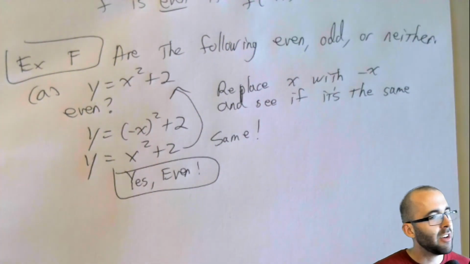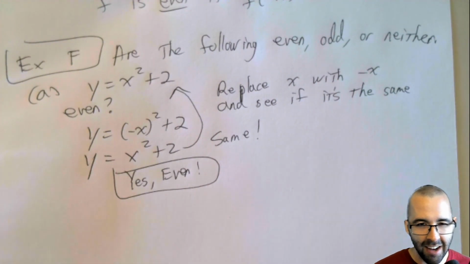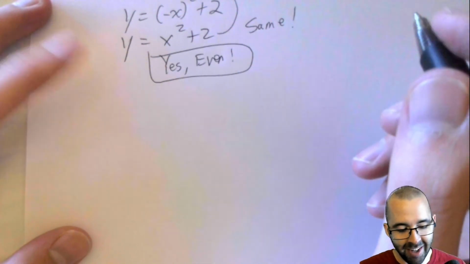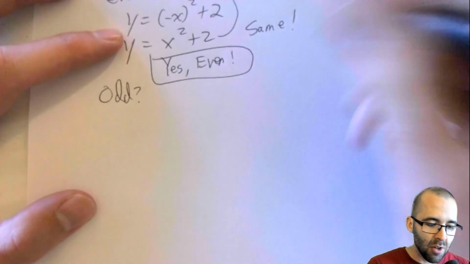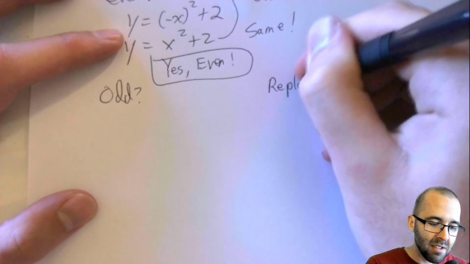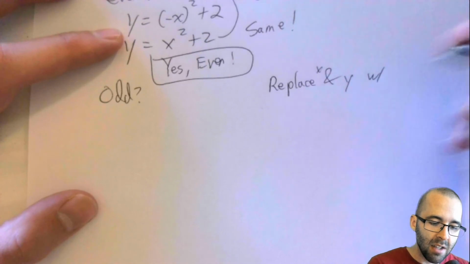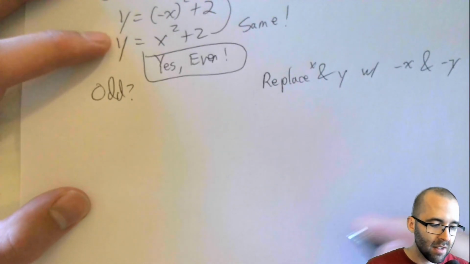It is very rare, but technically possible that a function is even and odd. That's a very silly case, but we're just going to check. Let's show, is this odd or not odd? One way to check odd is to replace x and y with negative x and negative y and see if it's the same.